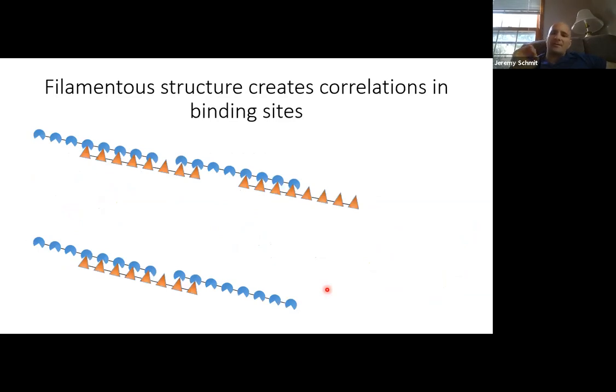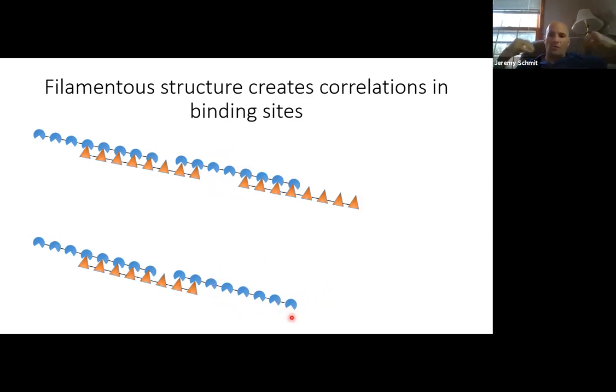What happens is that they establish correlations in where the binding sites are located. So if I had a random network here, I'm again going to have these binding defects of unsatisfied sites, but these are going to be essentially scattered randomly throughout the solution. But what you can see here is that the way these filaments establish, I'm very likely to have these defects close by to each other, both in the gaps and especially at the sticky ends.